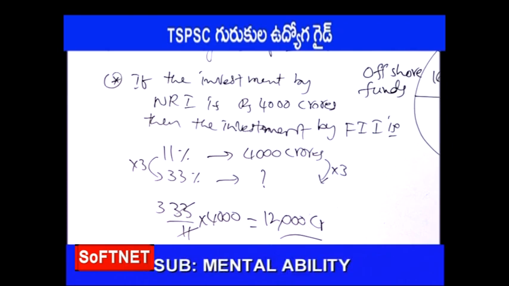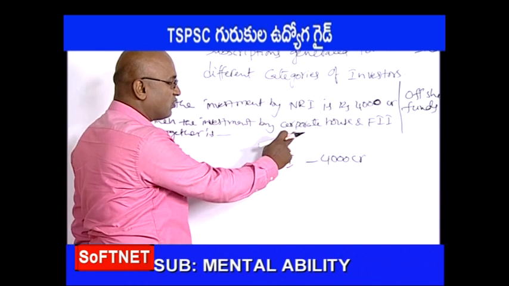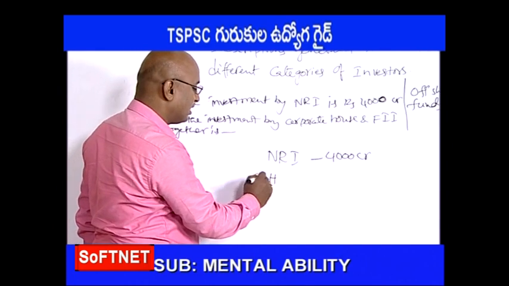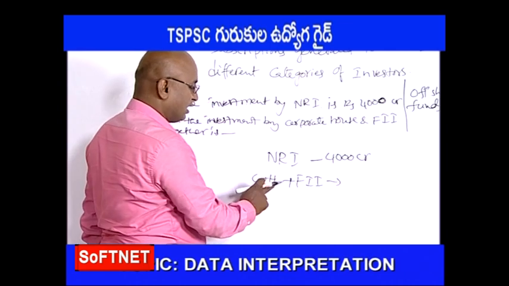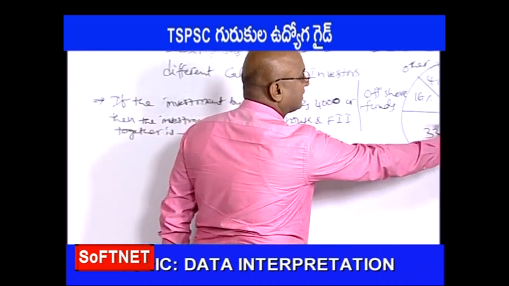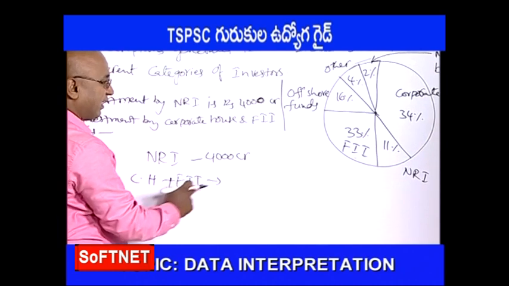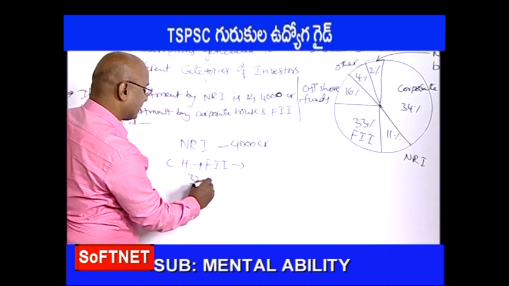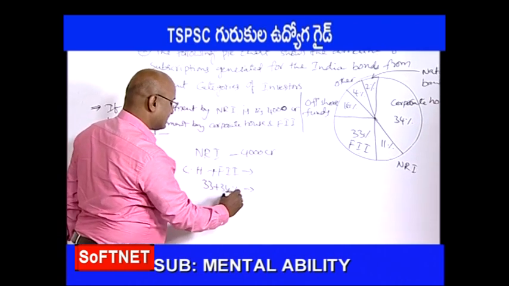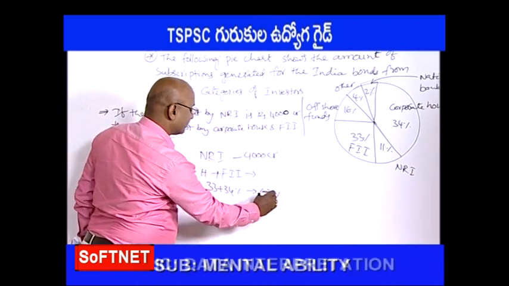See, the next question in this problem is like this: the investment by corporate house and FII together. Their share is how much? Corporate house is 34% and FII is 33%, so 33 plus 34 is equal to 67%.